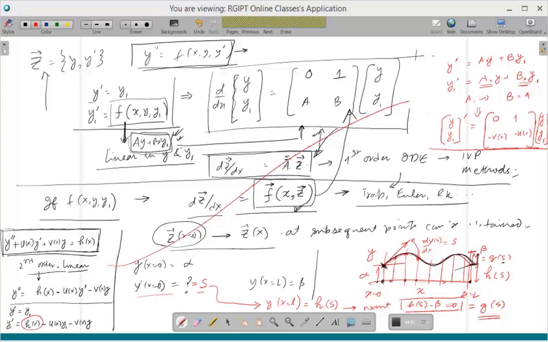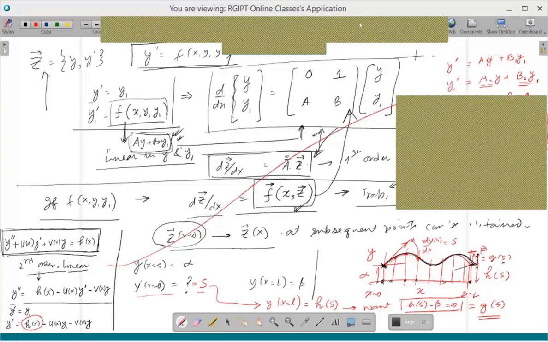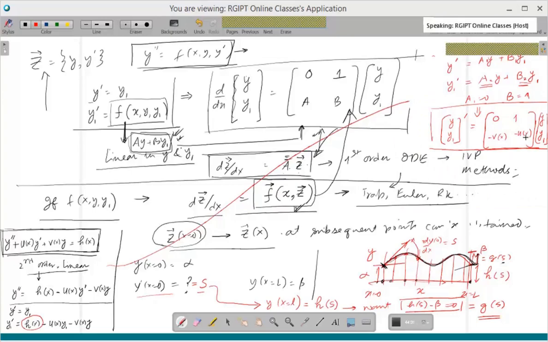It is all right? Yes or no? Yes, sir. Okay, so now I have this form. We are assuming this will be 0 for now. Otherwise, there will be a constant added to it. Don't worry, because that will be independent of your y or y1, so it won't make a big difference. So this is the equation. I am able to write this form because my initial differential equation is linear in y and y prime.